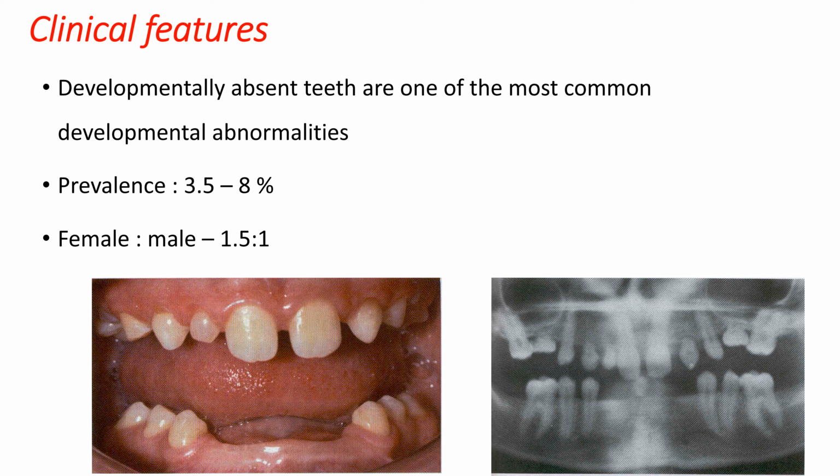Anodontia is very rare, and most cases occur in the presence of hereditary hypohidrotic ectodermal dysplasia. Hypodontia is also uncommon in the deciduous dentition with a prevalence around 0.5 to 0.9%, and when it is present it mostly involves the lateral incisors.